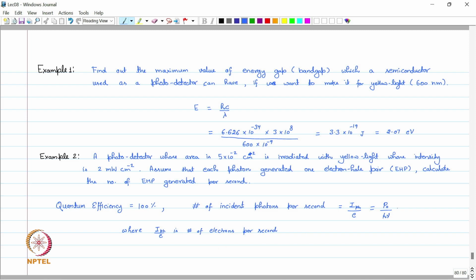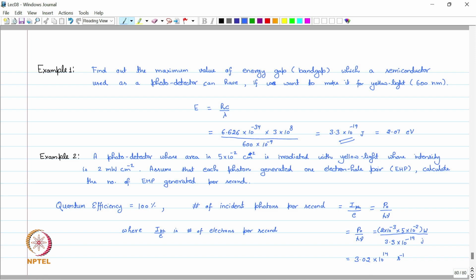So we can calculate from this equation that P naught upon h nu is equal to 2 into 10 to power minus 3 multiplied by 5 into 10 to power minus 2 in watt, divided by h nu, which we have calculated in the earlier example, this value, 3.3 into 10 to power minus 19, and the value comes to 3.02 into 10 to power 14 per second.